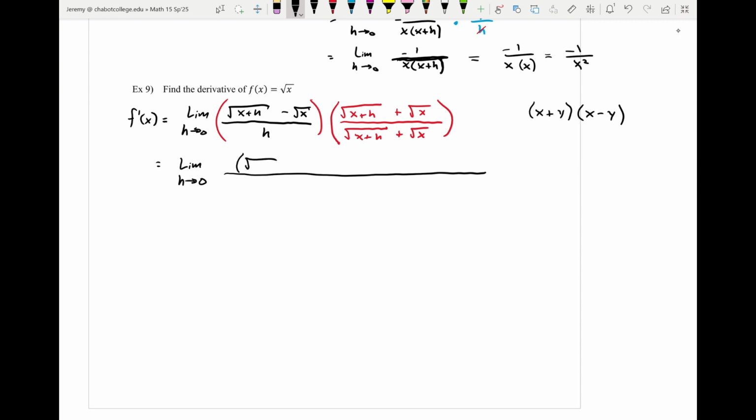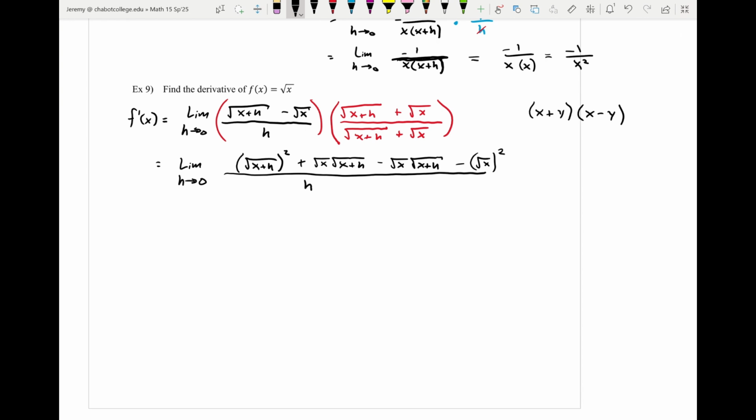Or I could just write that as root x plus h squared. Taking the FOIL approach, outer, that'll be root x times root x plus h. Inner, that's going to be negative root x times root x plus h. And last, that's going to be negative root x times positive root x, so negative root x squared.